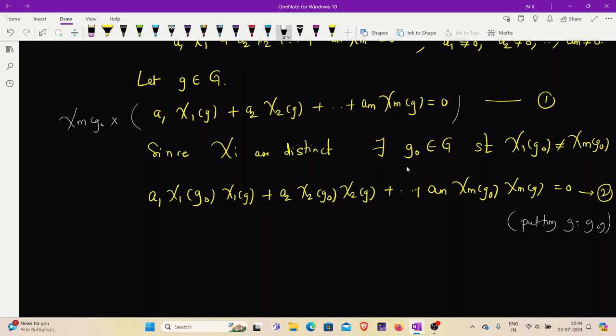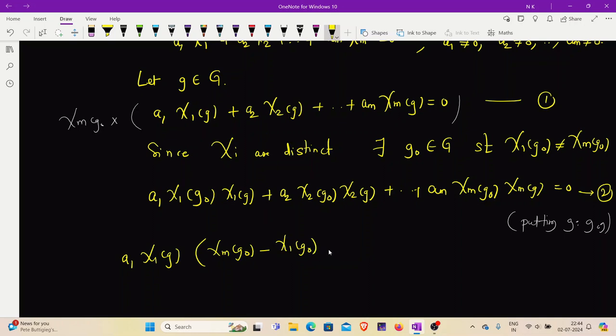So what will happen, the last term will cancel, and we will have an expression with the least number of non-zero coefficients, and that will be a contradiction. Let me prove that. After doing this, a1 chi1 of g will be common on subtraction, and we will have chi m of g naught minus chi1 of g naught in the first term.